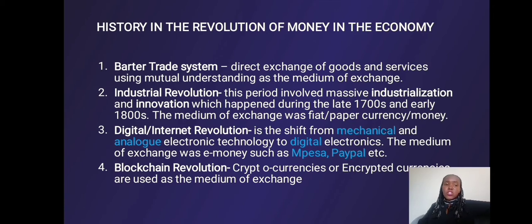So to solve this challenge, paper money or paper fiat currency was introduced. Now it was easier to do business on a common currency that could be used as a measure for commodities and services.